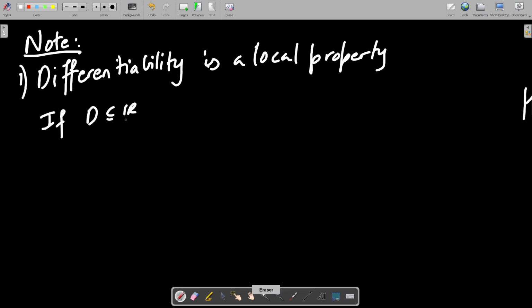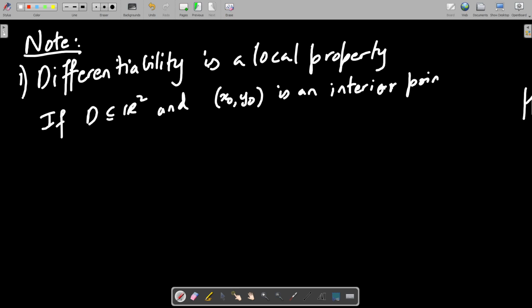So if D is a subset of R2, and (x0, y0) is an interior point of D, then what will happen?